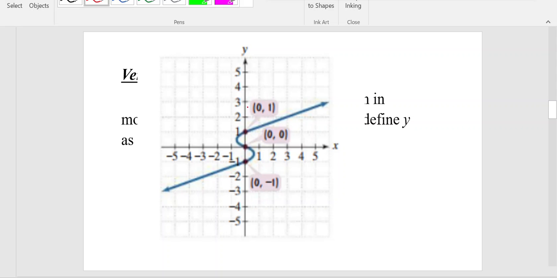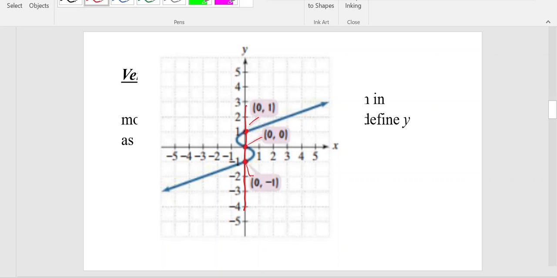If I draw a line from here to here, I will hit the graph in 3 different points. This is the first point, this is the second point, and this is the third point. If we name those points, this one is (0, 1), this one is (0, 0), and this one is (0, -1).